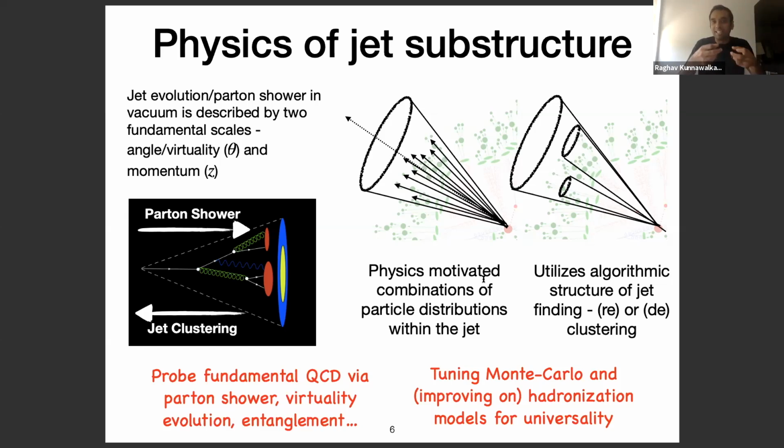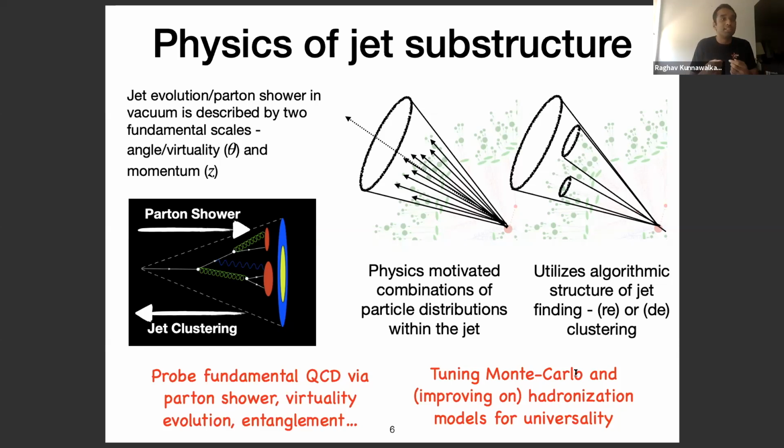You create these jet-like objects, and you can study 2 fundamental classes of physics, I like to call them. So one is a probe of QCD, as is, by studying the parton shower, the evolution in virtuality. These are particles being created inside your jet, right?